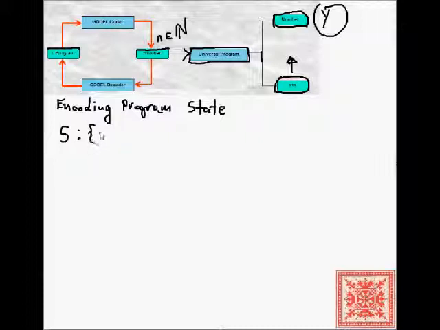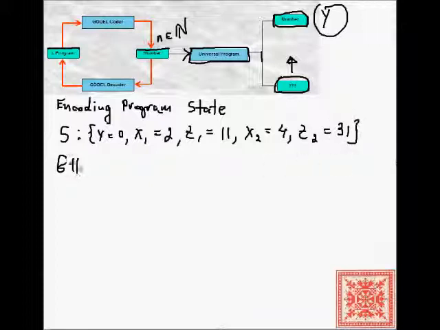Okay, so let's consider a quick example. Suppose that we have this state in which y is 0, x1 is 2, z1 is 11, x2 is 4, z2 is 31. So then the Godel number corresponding to this state is 0, 2, 11, 4, 31.